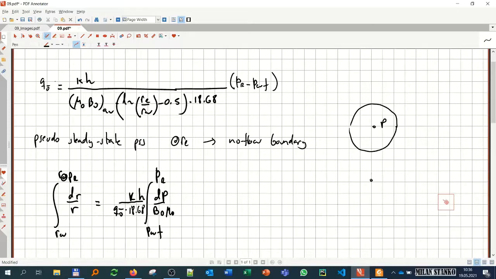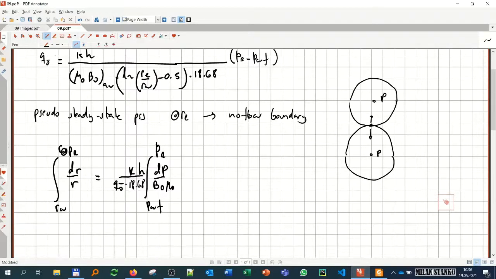For example, I have one producer and another producer, and at this point there will be a no flow boundary, because all material from here will flow to this wellbore, and all the other will flow to that wellbore, but exactly here there will be a no flow boundary. Of course that might become smaller or bigger depending on the rates of each well, but that's a condition where I could have a pseudo steady state.